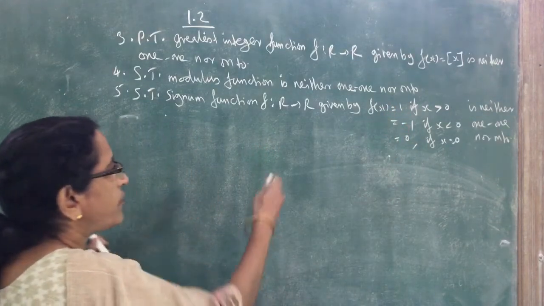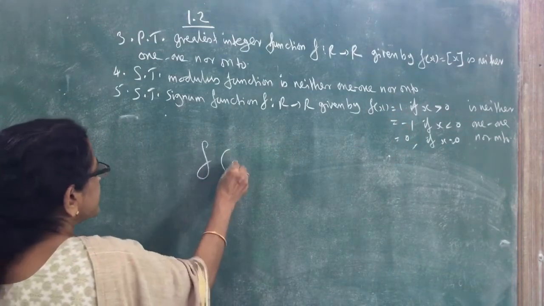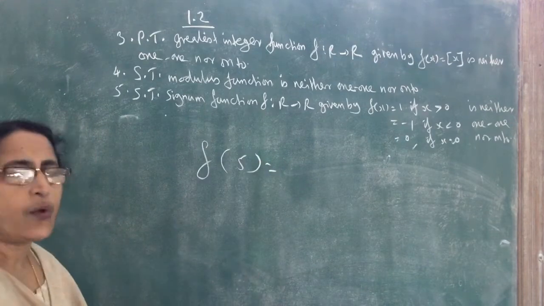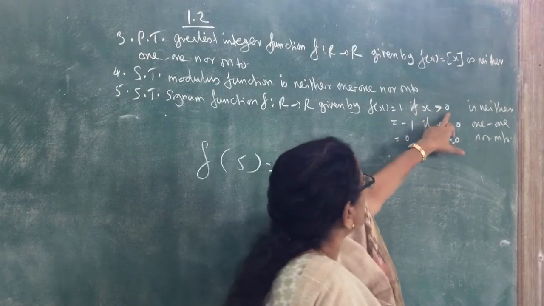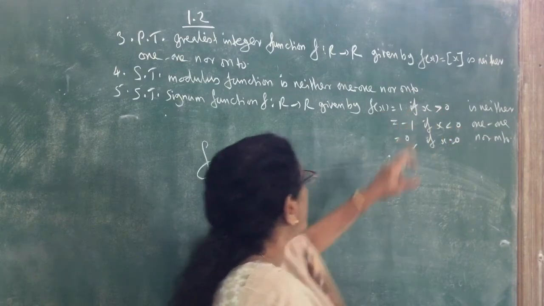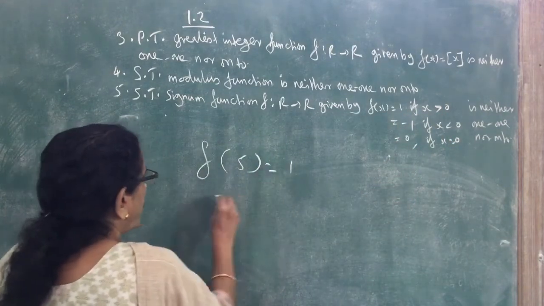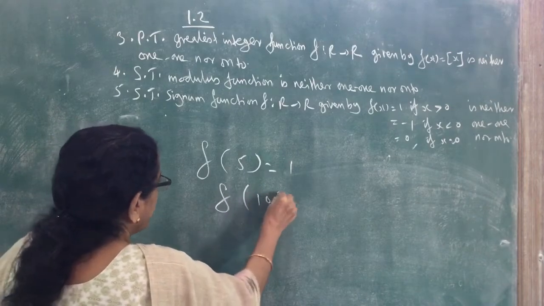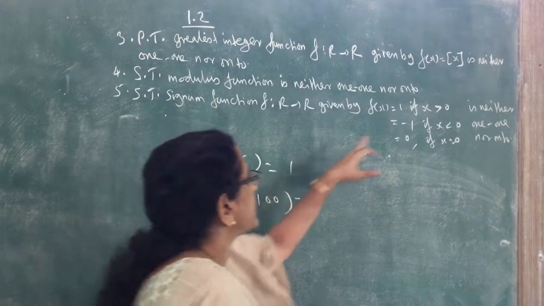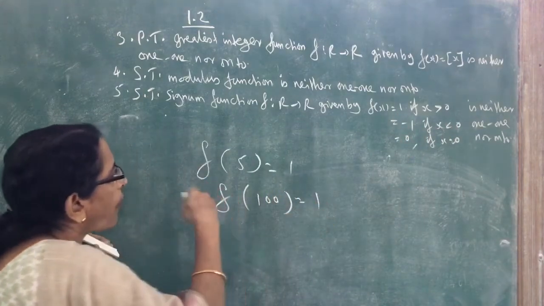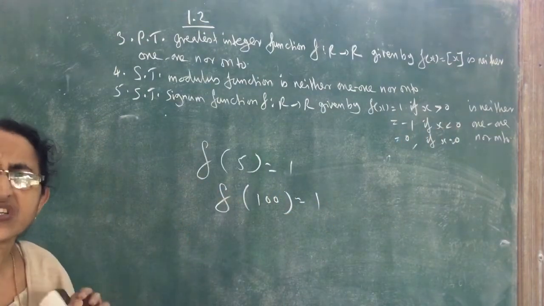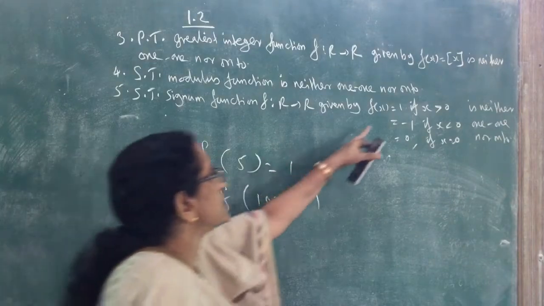For example, what is f of 5, the image of 5? Since 5 is greater than 0, f of 5 equal to 1. f of 100: 100 is greater than 0, so the image of 100 is 1. Similarly, for all positive real numbers, the value of the function is always 1.